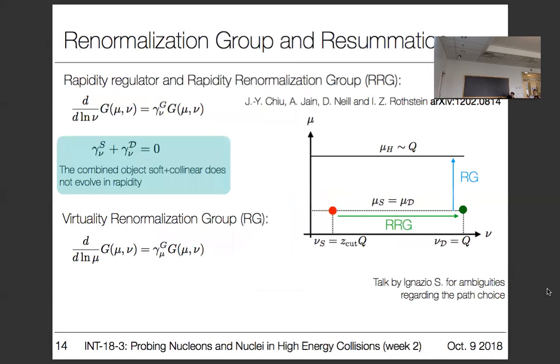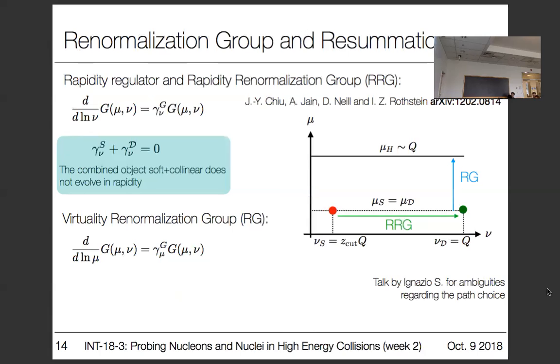An easy test to check whether you did the perturbative calculation correctly, or at least part of it, is to sum the two anomalous dimensions that come with the rapidity renormalization group from your purely collinear term and the soft function. If those two cancel, then you satisfy the consistency condition, since those two functions are the only functions in the cross-section that depend on rapidity divergences, and therefore their anomalous dimensions have to cancel between the two.